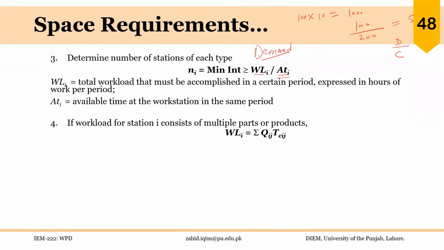But as we are discussing process layout and each product has a different quantity to be made, it is better to use the formula that is mentioned here, that is to take workload and available time, both in terms of time. For example, in hours of work per period or hours available. So that will give us the number of machines.